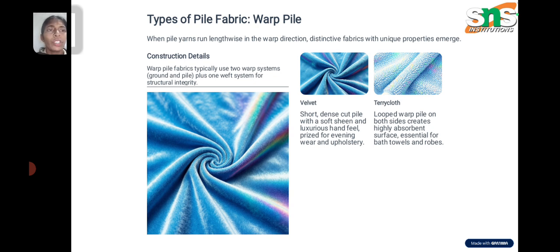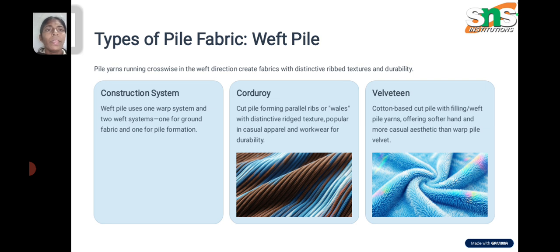What is velvet cloth? Short, dense cut pile with a soft sheen and luxurious hand feel, prized for eveningwear and upholstery. Terry cloth is looped pile on both sides, creating a highly absorbent surface, essential for towels and robes. Then weft pile fabric. Pile yarns run crosswise in the weft direction, creating a fabric with a distinctive ribbed structure and durability.